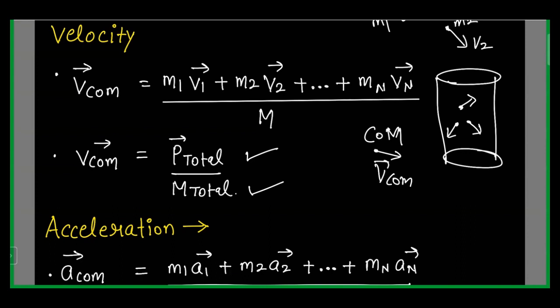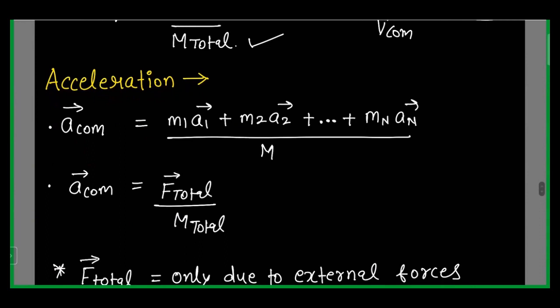Similar goes for acceleration. Let's say each particle is experiencing some force. If each particle has some force, it means each particle has some acceleration. Let's say the first particle has acceleration a1, the second has a2, and the nth particle has acceleration an.